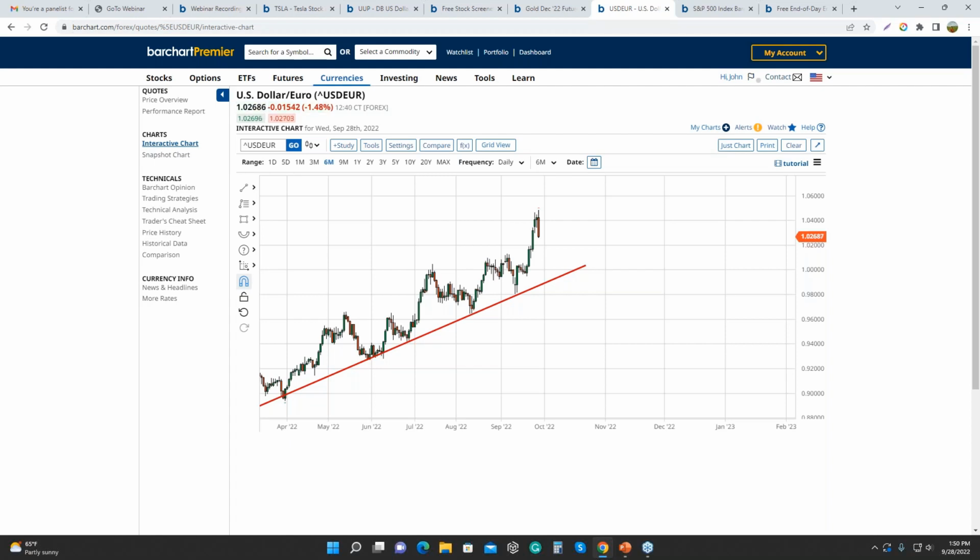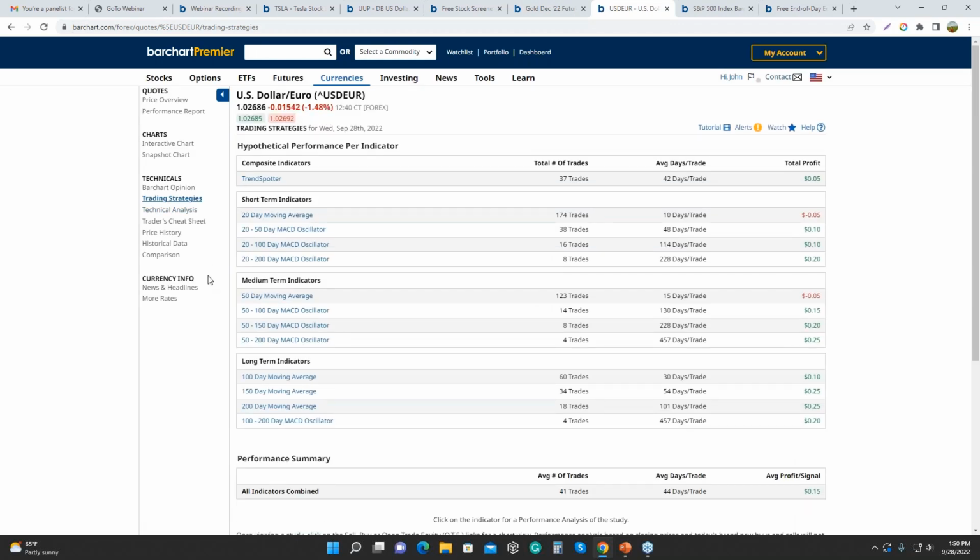Just reading a couple of these questions here. One of the questions is about back testing Trend Spotter signals, and I think what I can do here, and maybe Gene can help me walk through this, is go and look under trading strategy.